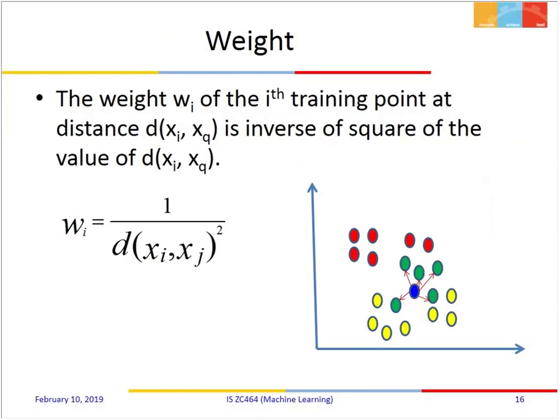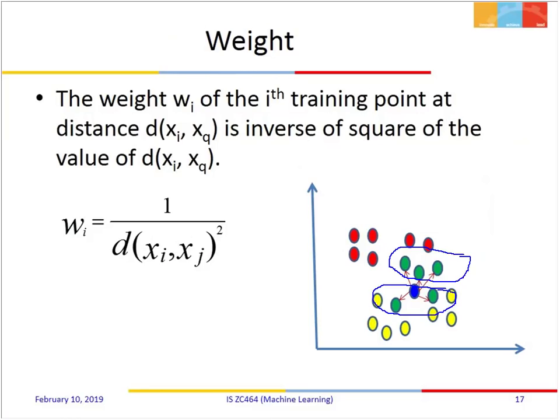Let us look at this. I am on slide 17. Here these are the points which are away. You can see that there are these 3 points belonging to the red class, which are there in the 5 nearest neighbor problem, and there are 2 yellow points.